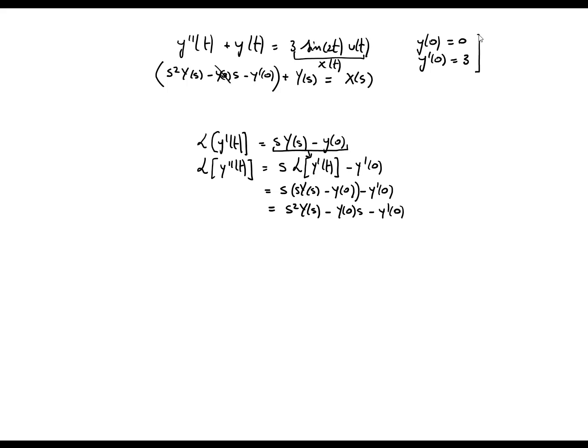This one will not give a contribution because it's 0, and this is minus 3. So if we put all the terms with a Y(s) together, we'll have (s^2 plus 1) Y(s) minus 3 is equal to X(s).